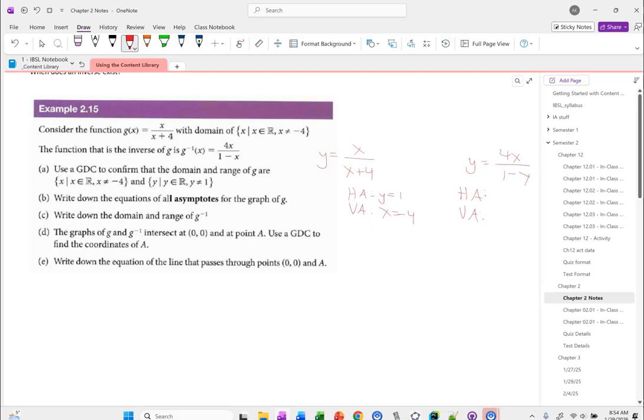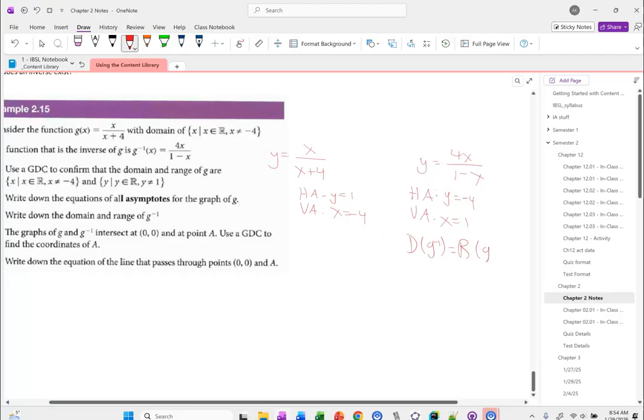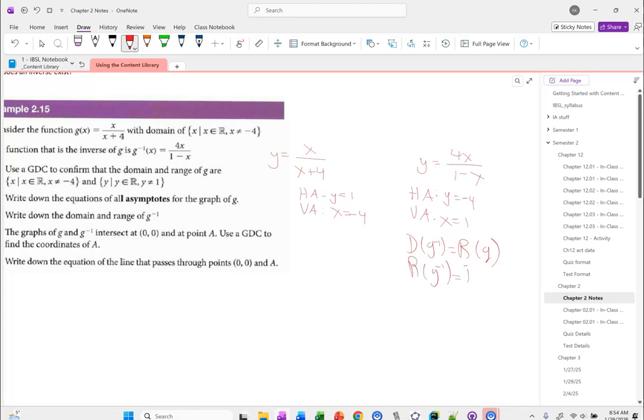My horizontal asymptote will become a vertical asymptote, and my vertical asymptote will become a horizontal asymptote, which means that the domain for my inverse should be the same as the range for my function, and the range for my inverse should be the same as the domain for my function.